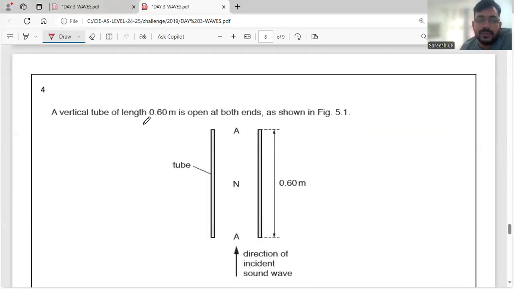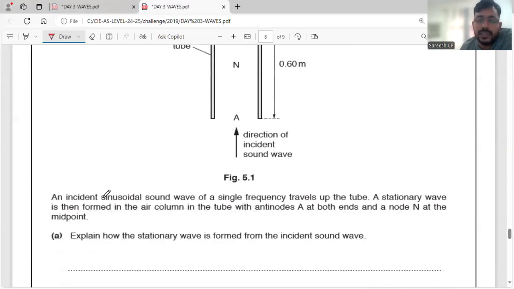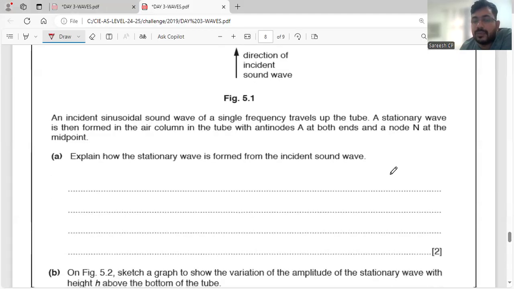A vertical tube of wavelength 0.6 meters is open at both ends as shown in the figure. The incident sinusoidal waves of single frequency travel up the tube. A stationary wave is then formed in the air column in the tube with antinodes A at both ends and a node at the midpoint. Explain how a stationary wave is formed by the incident sound.